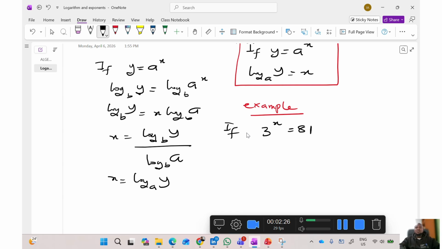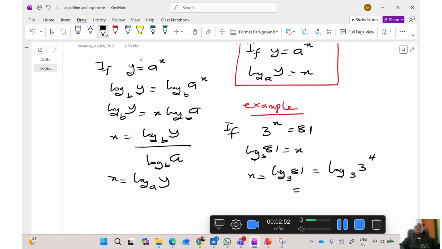So like I said, the logarithm of 81 to base 3 is equal to x. So x is equal to the logarithm of 81 to base 3. So that will be the logarithm of 3 raised power 4 to base 3, isn't it?